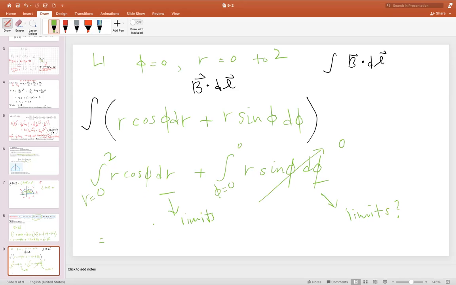So we should have something like, and then what is phi in this case? 0. Yeah, phi is 0. So 1/2 r squared, and then cosine of 0, that's 1.